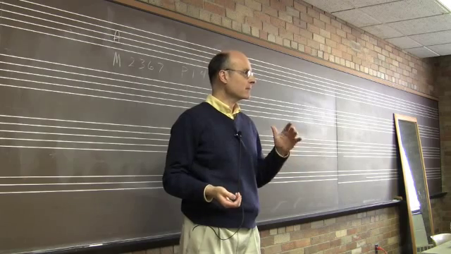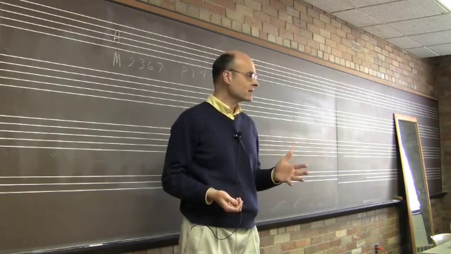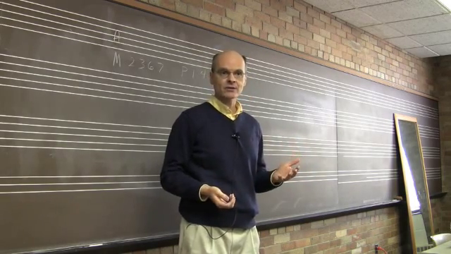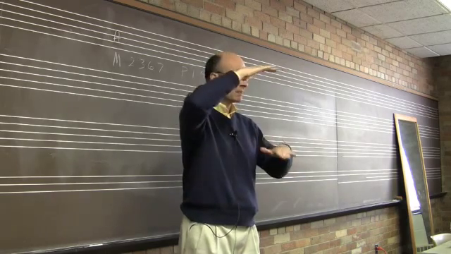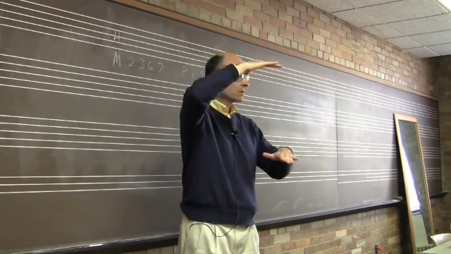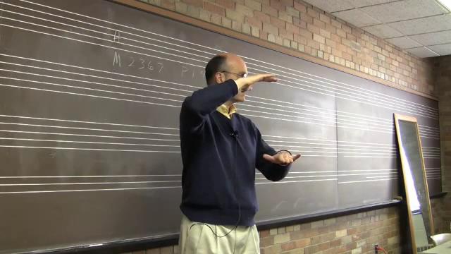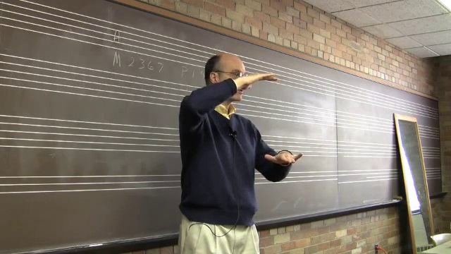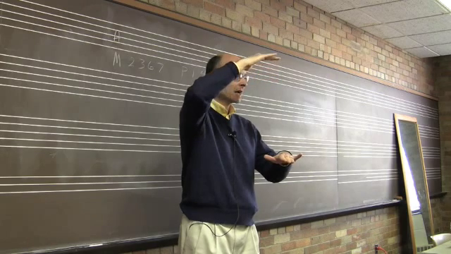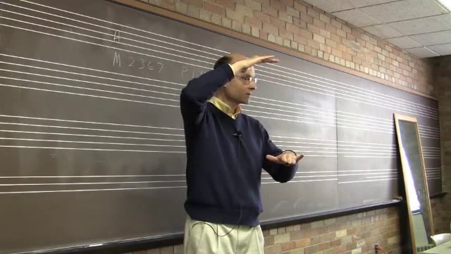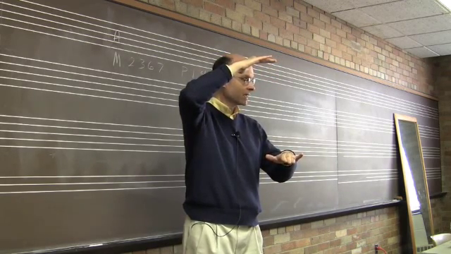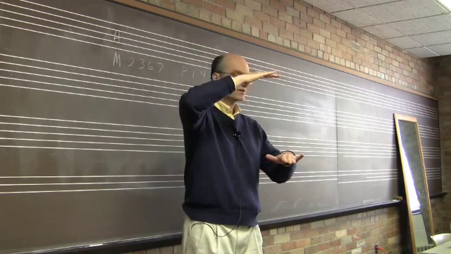I'm telling you that an augmented interval is a half step larger than a major interval. So here's a major interval, right? Remember, an interval is the distance between two notes. Here's a major interval. An augmented interval will be a half step larger. So if I raise the top note, it's a half step larger, right? The distance between my hands. But let me just show you one other thing.